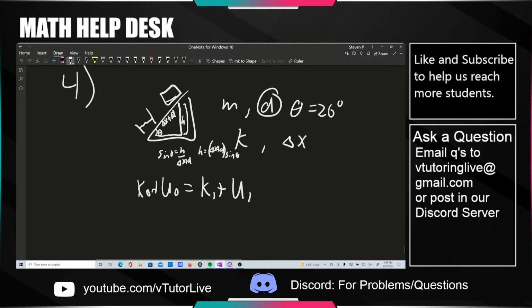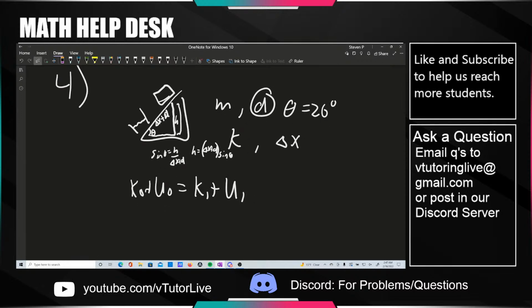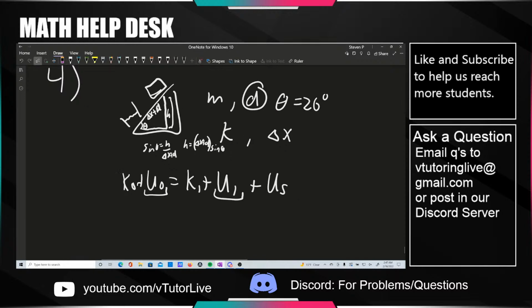Okay, so the reason I wanted to find this was because it basically tells us the difference between our gravitational potential energies. Oh, sorry, I should have also mentioned that U of spring at the full compression is going to be this equation, right? So your initial kinetic is 0. Your final kinetic is also 0, I believe. And then U0 minus U1 is going to be given to us by this h here, and then Us, right?